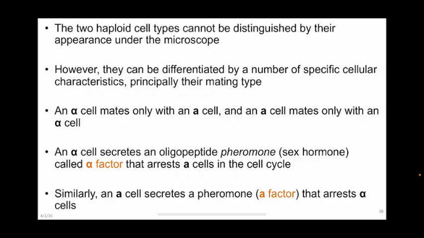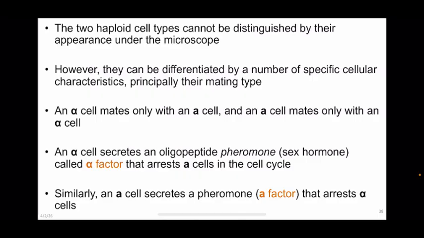An alpha cell is going to secrete sex hormones or pheromones called alpha factor that will attract the opposite mating type. But before cell mating can occur, the cell cycle has to be arrested.